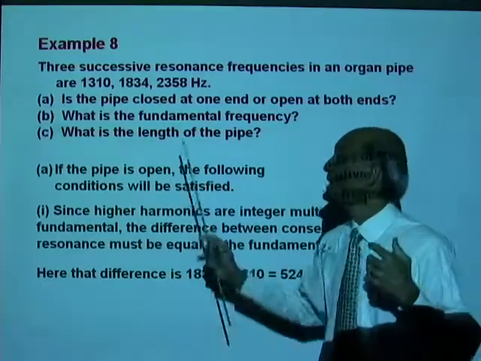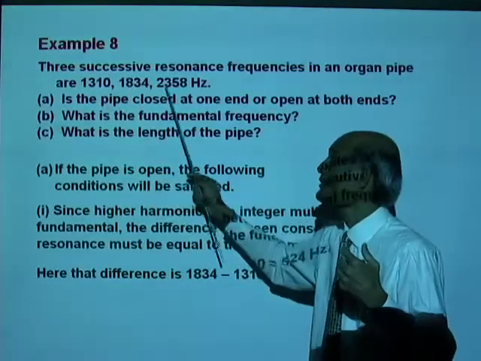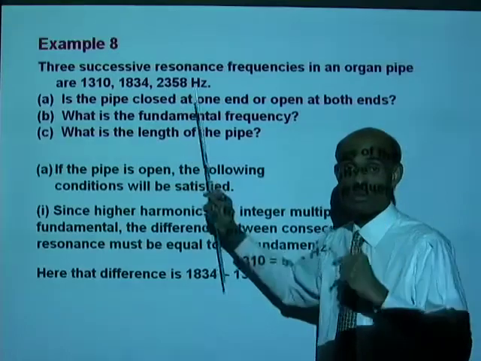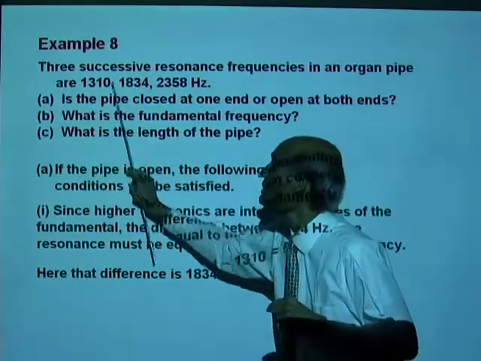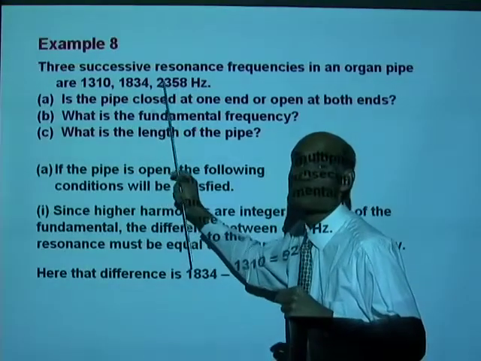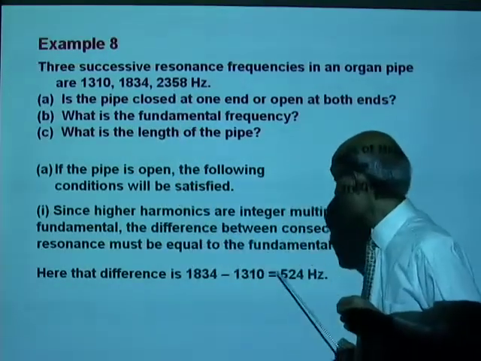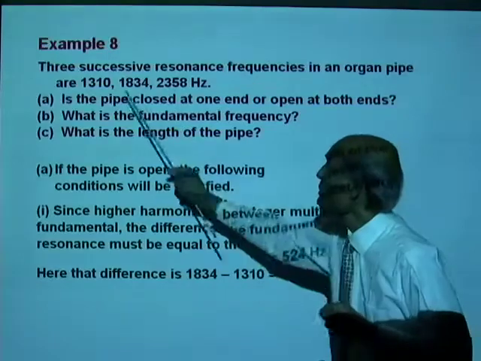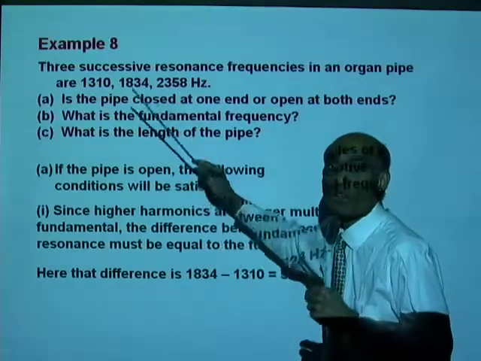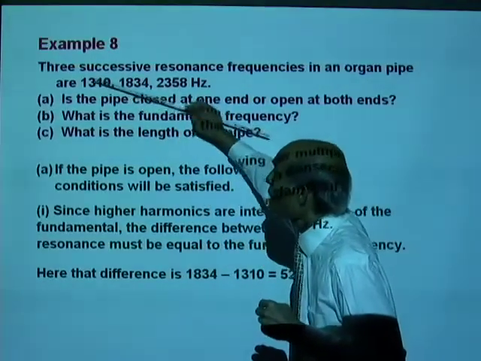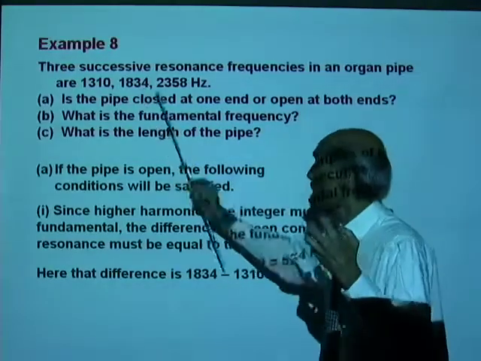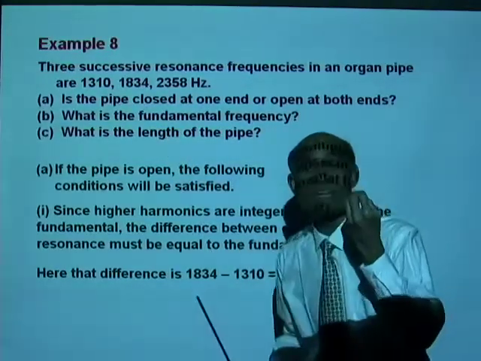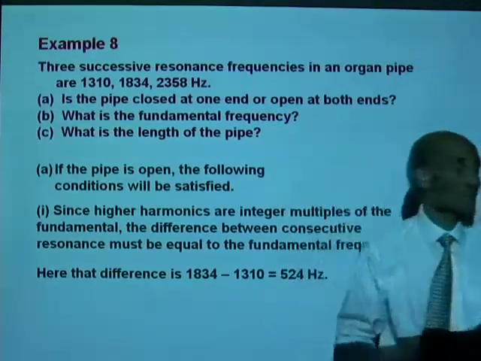You understand that? If these are the higher harmonics in the open tube, and if this is the fundamental, which is the difference between these two, also the difference between these two, then you take the ratio of the higher harmonics to the fundamental, then each of these must give you an integer. Now, shall we try?